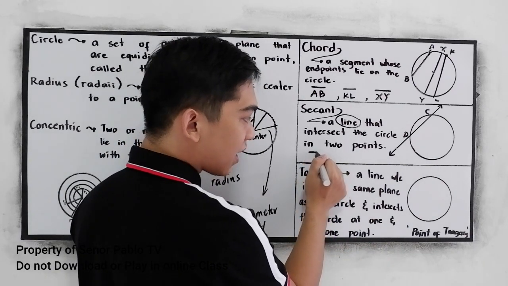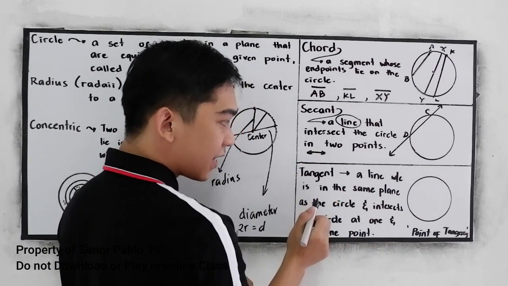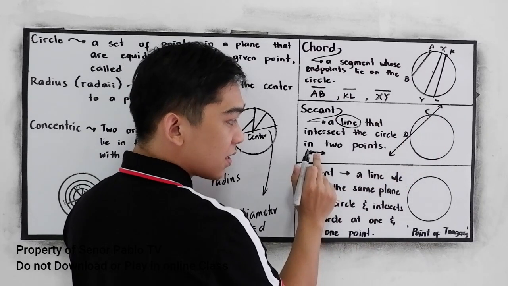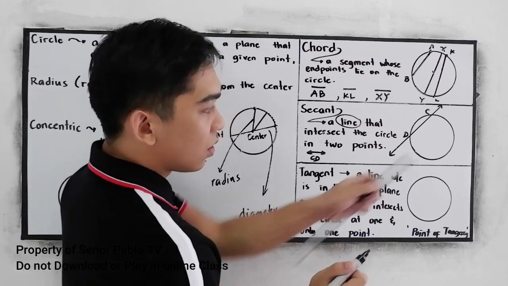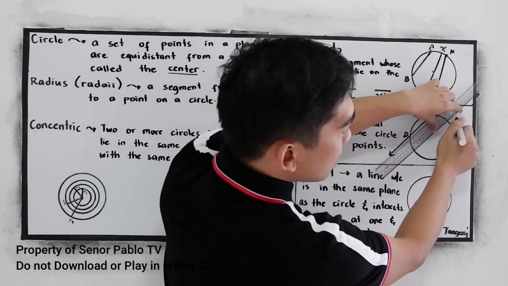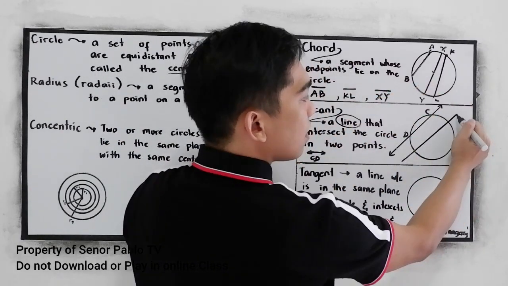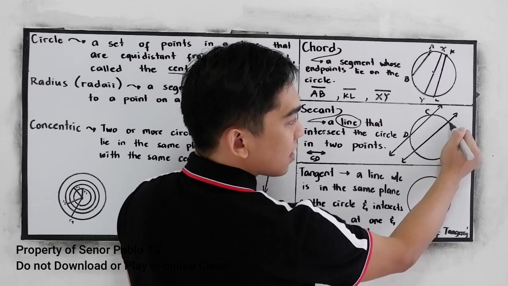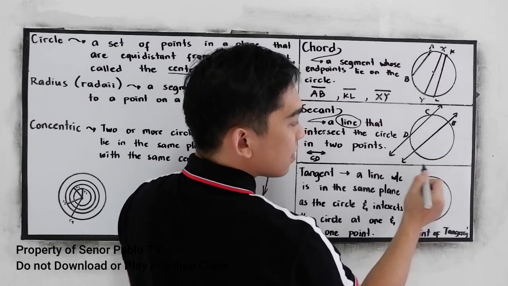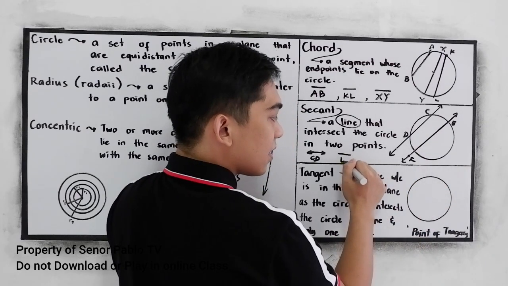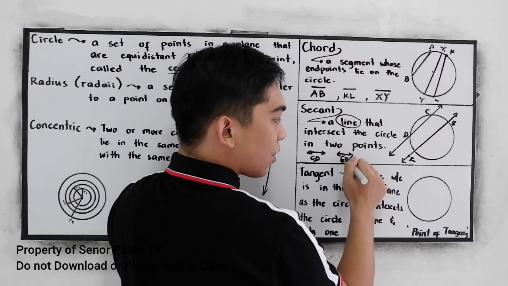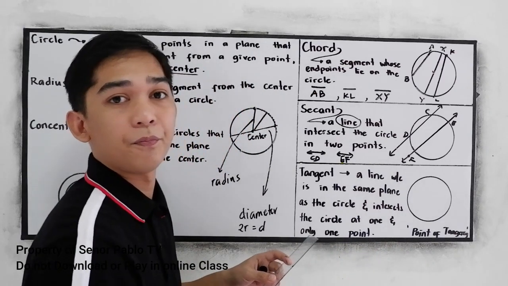In naming a secant, we use the symbol of a line, then write the points CD. Or, let's say this is E and we have F here, so we can name that as line or secant EF.